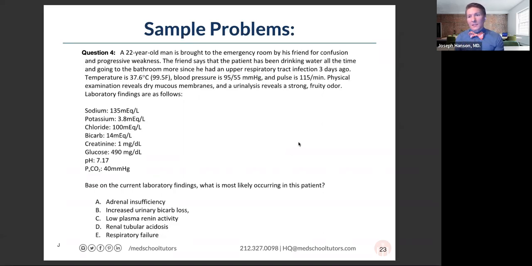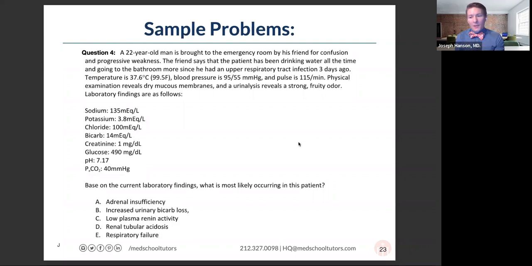So we can't make the case that this is too acute. Also, they said that this patient's been having problems for like 3 days. So it's not an acute problem that we haven't adjusted for yet. We're not compensating because the CO2 hasn't changed at all. But also we're finding the CO2 is substantially higher than we want it to be. And that's the definition of respiratory acidosis. So we have a mixed respiratory and metabolic acidosis.